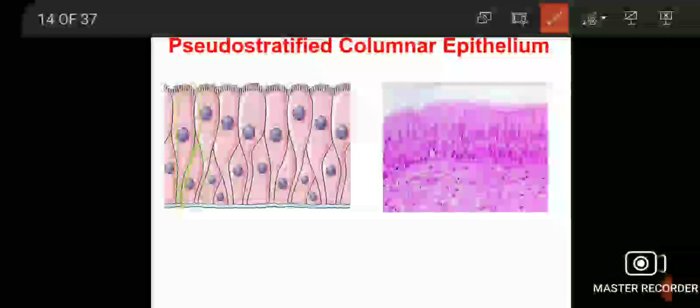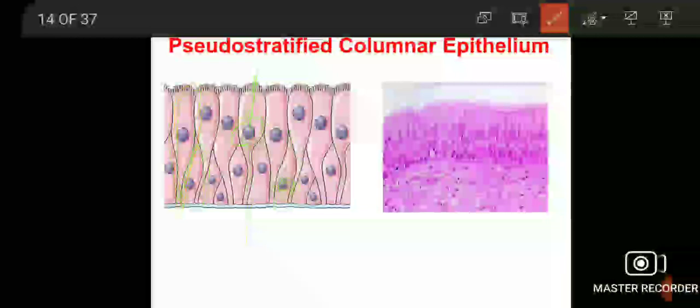So the nucleus of the cell is present in the widest portion. Here you can see this is the tall columnar cell which is extending from the base towards the apex, and its nucleus is present in the widest part, in the upper part. But when you see this basal cell, it is not reaching towards the apex of the cell, and the nucleus is present in the basal widest part.